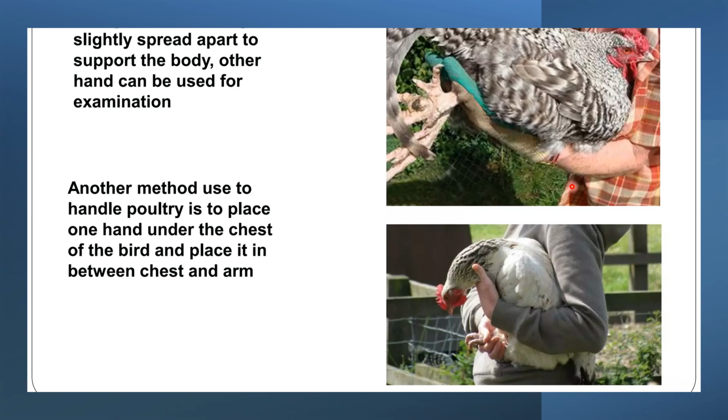Another method, especially for immobilization of the bird, is to place one hand on the chest. Please note down this photograph, especially how it needs to be done. Sometimes the photos may be displayed, and you need to give some answer to people if the animal is damaged.